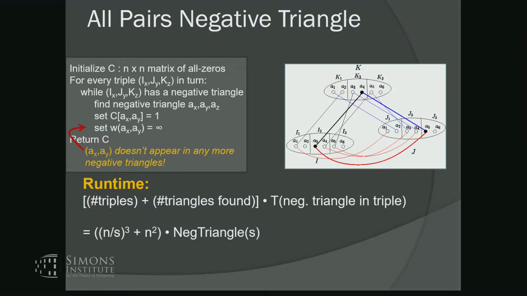Anything else? Does the construction work for undirected graphs? Yes. Even for the distance product to all pairs negative triangle? Yes. Good question. The question was, does it also work for undirected graphs? And the answer is yes.